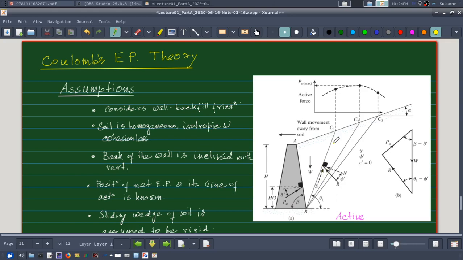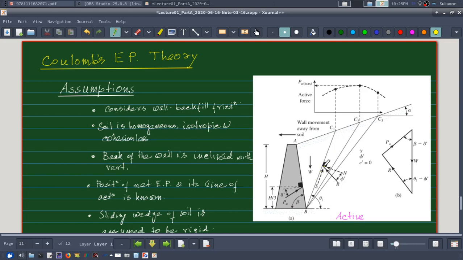And in addition to that, on the failure plane there is a normal force acting due to the remaining part of the soil. Okay, and that acts along a perpendicular on the failure plane.